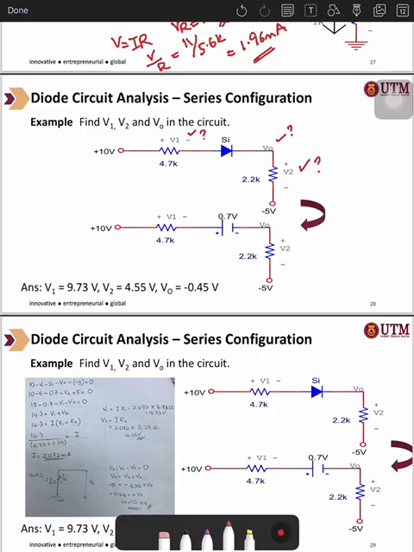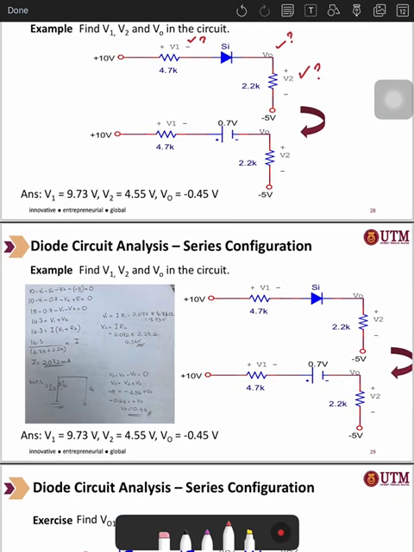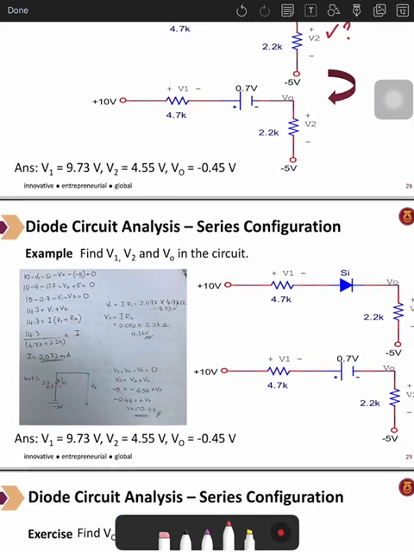For this one, I prefer to use the nodal analysis. So let's say you want to find V0.